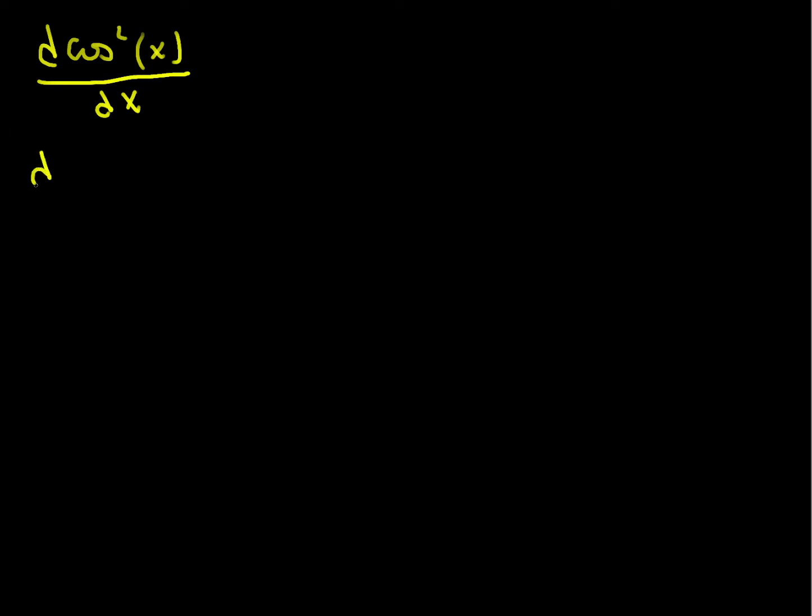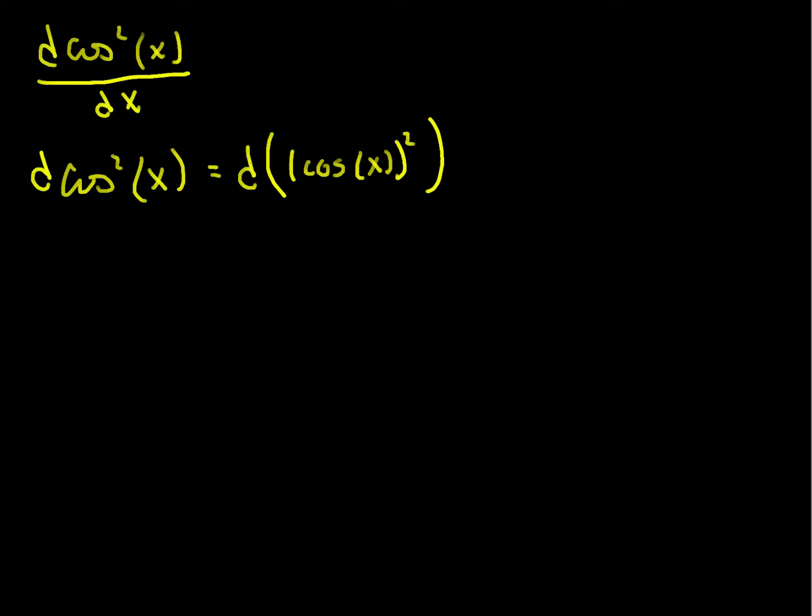So the differential of cosine squared of x. Let me rewrite this so it's a little bit clearer. This is the differential of cosine of x, squared. That's what we mean. When I put the 2 here, or any number here, I'm saying take the cosine function and raise it to that power.